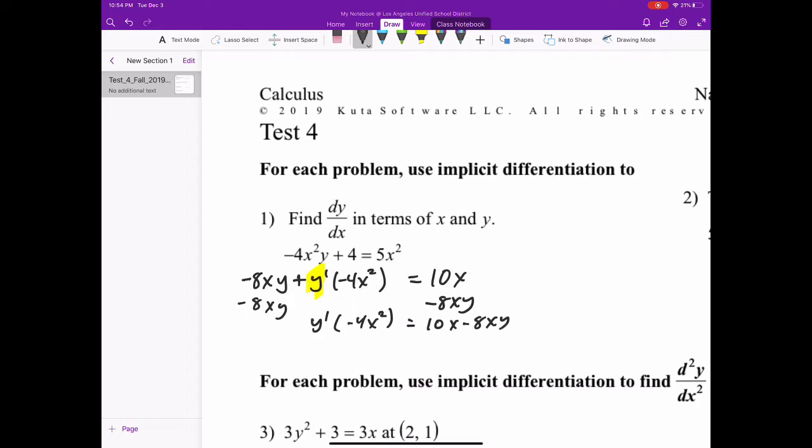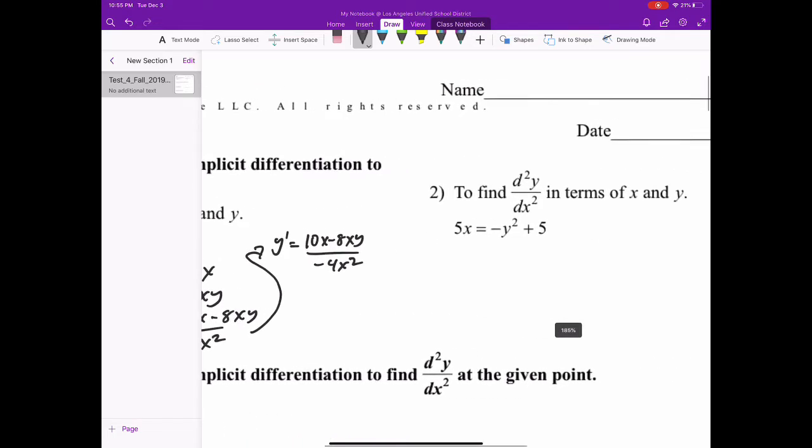And then we're going to divide by negative 4x squared to get y prime alone. And we're done. So our y prime is equal to 10x minus 8xy all over negative 4x squared.